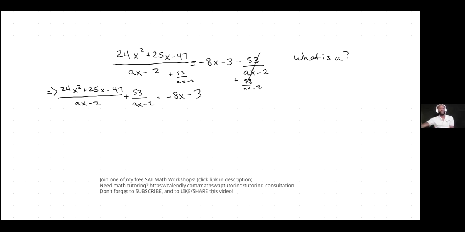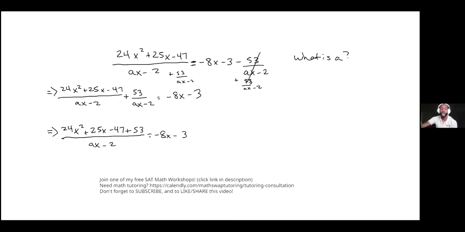Now, when you're adding fractions, remember, if the denominators are the same, then you can just combine them. So you're adding the tops and the denominator's the same. I just do every step because I could skip some, but I want you to see what I'm doing. So 24x squared plus 25x minus 47 plus 53 over ax minus 2 is equal to negative 8x minus 3.